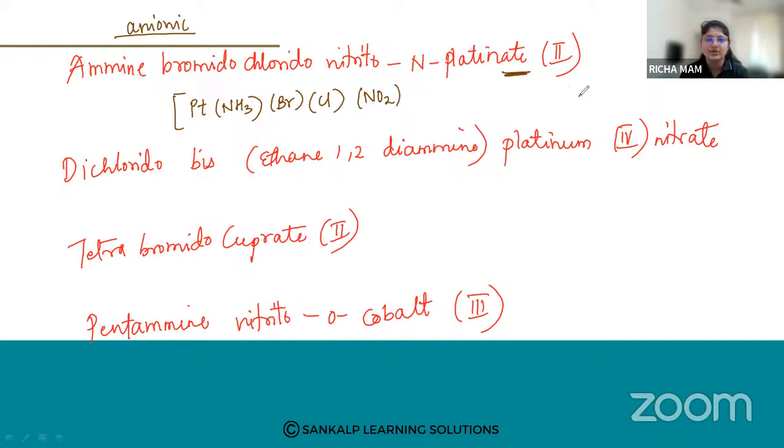And what will be the charge? Let us see. So platinum is given, 2. So platinum is 2 plus 0, -1, -1, and NO2 is -1. So again -1.